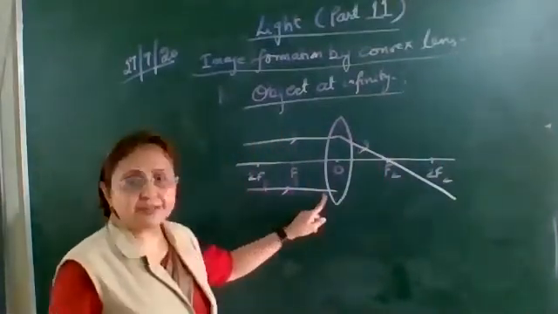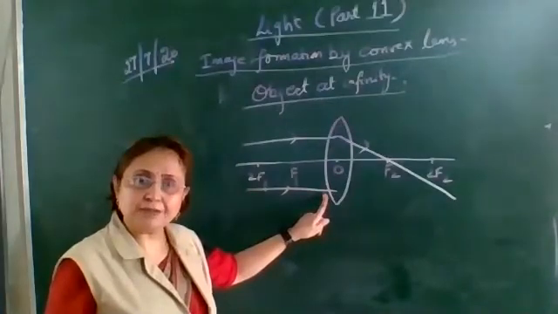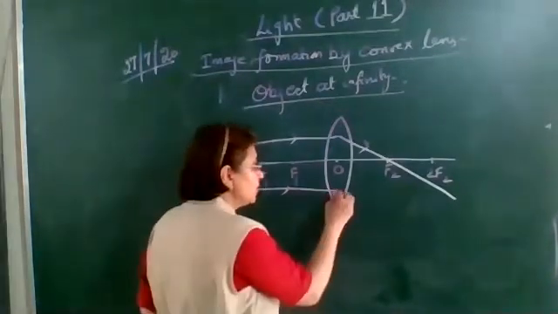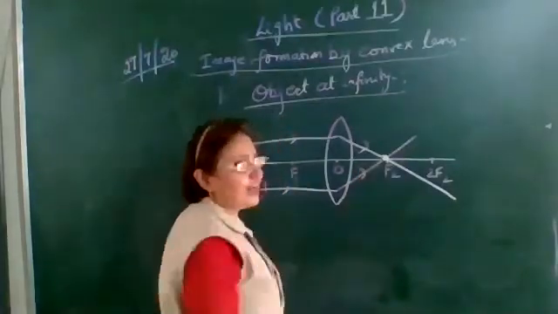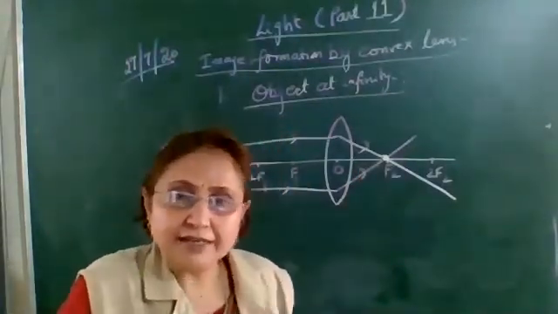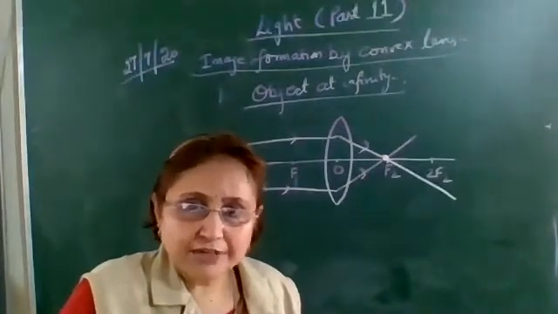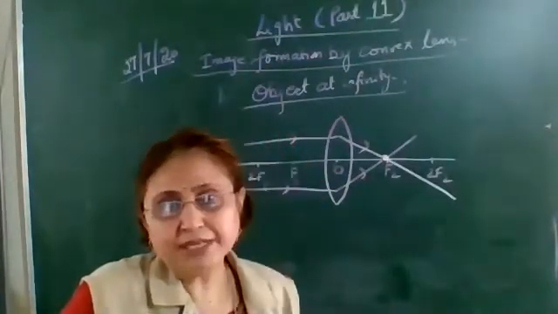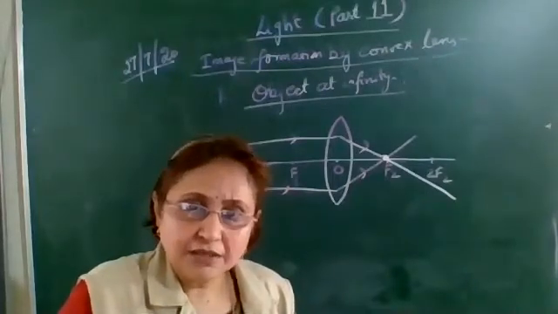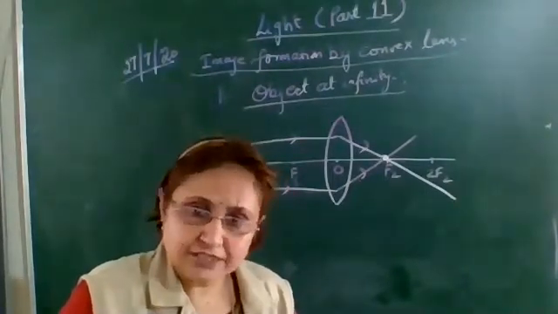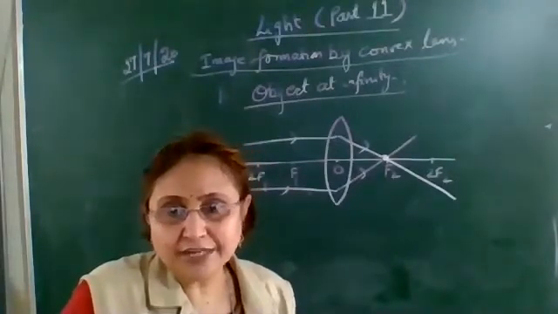The second incident ray is also parallel to the principal axis, so this will also pass through the focus on the other side. So these two refracted rays are meeting at F2. Whenever refracted rays actually meet at a point, the image formed is real, and we have already discussed that real images are always inverted.